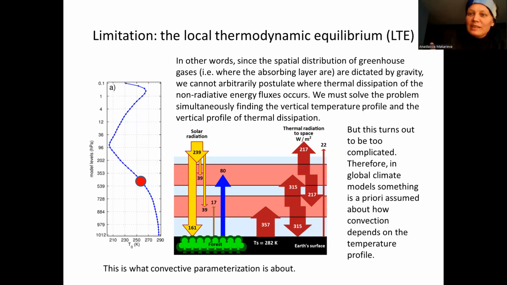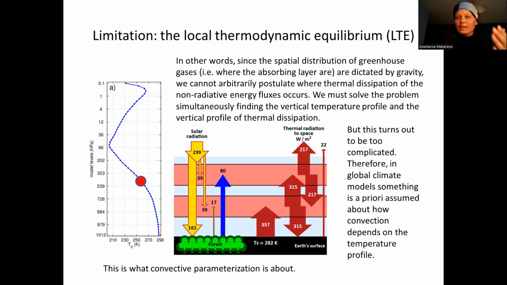So we will see that the vertical distribution of non-radiative fluxes that we have set so nicely and calculated everything with are no longer as we supposed them to be.